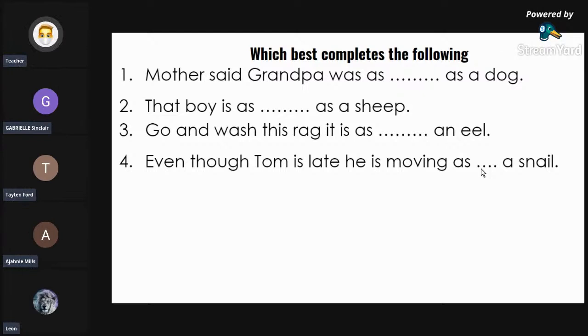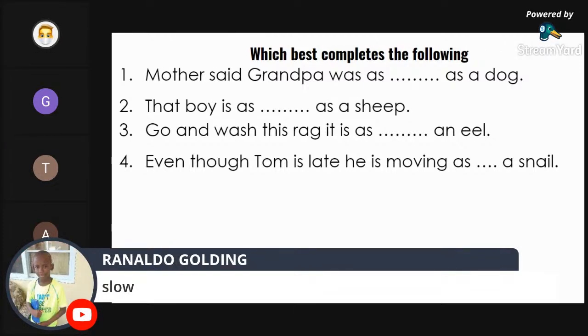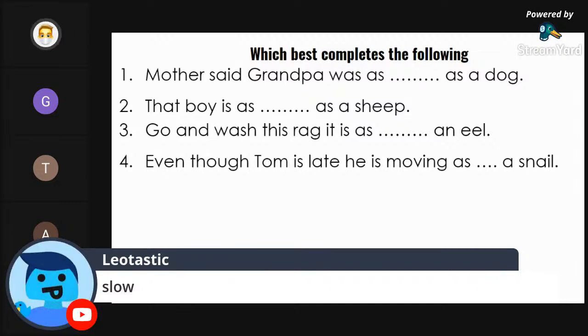Okay, Jada has slow. So Tom is late, but boy, Tom is moving as what? Slow as a snail. So says Ronaldo. We have Johnson. We have Leotastic. All right, very good. So you guys have that one locked.